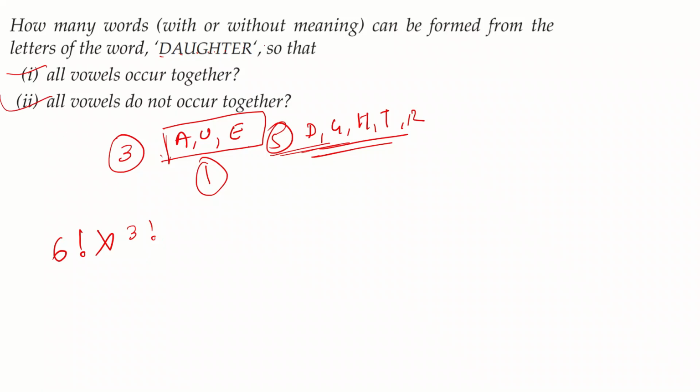I told you never together means total minus always together. We have already found the always together part. So what is the total number of permutations of the letters of the word daughter? It's of course 8 factorial, because there are 8 letters. So never together is total minus 6 factorial times 3 factorial, and you just find out the answer.